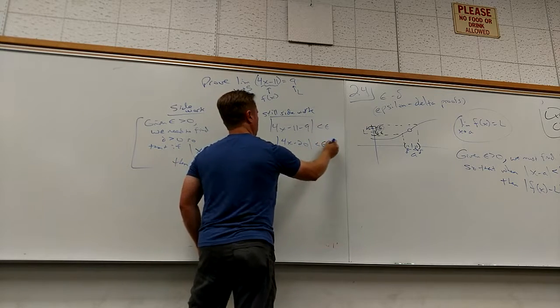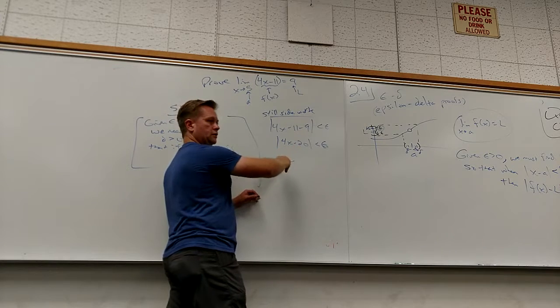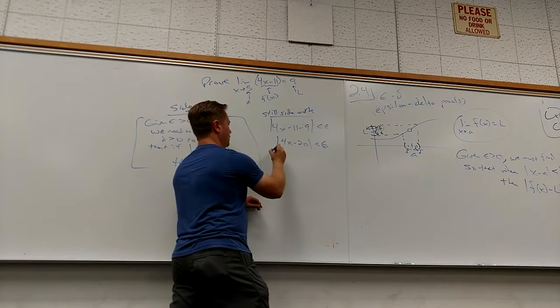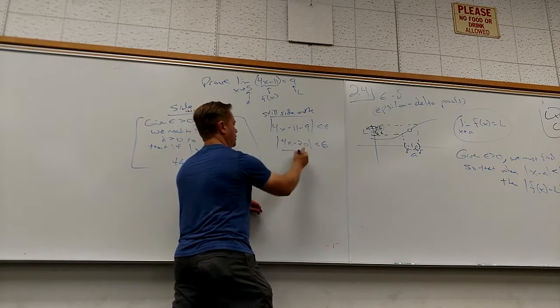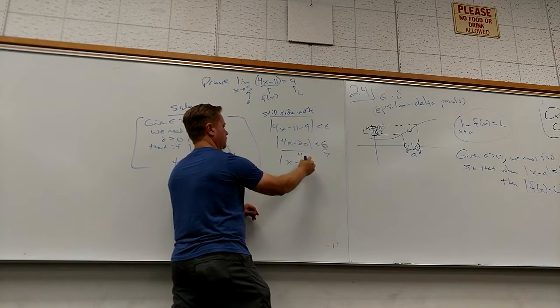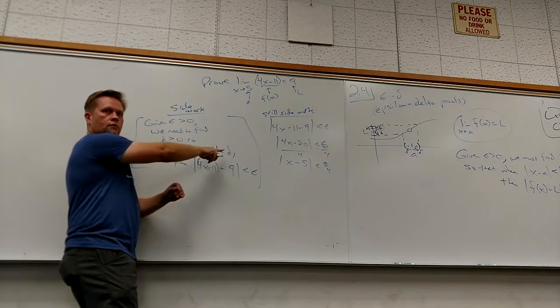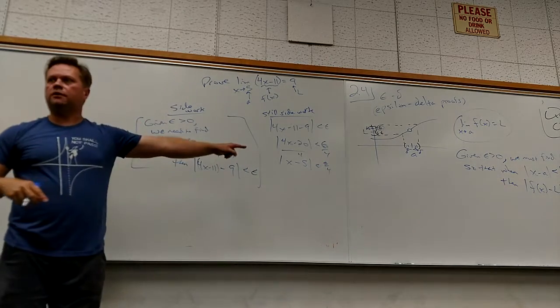Can I do some more? What can I take out of here? 4. So if I take a 4 and divide by 4, what do I get? So what do I want to let delta be then?